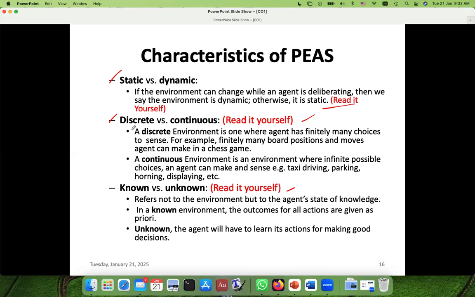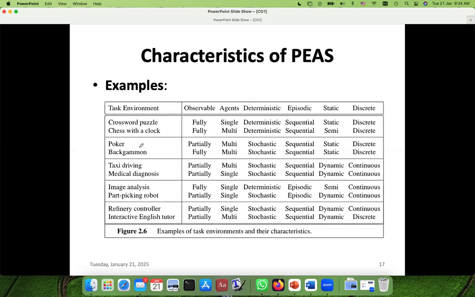And continuous, for example, the states are 0 and 1, and then 2, and then 3, but between these states you have 0.1, 0.2, 0.3. So some continuous values. Similarly, known or unknown environment: if everything is known to the agent about the environment, that is known, like fully observable, otherwise unknown. These are some examples now.